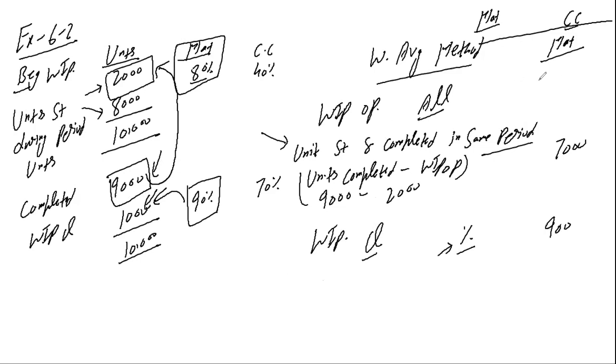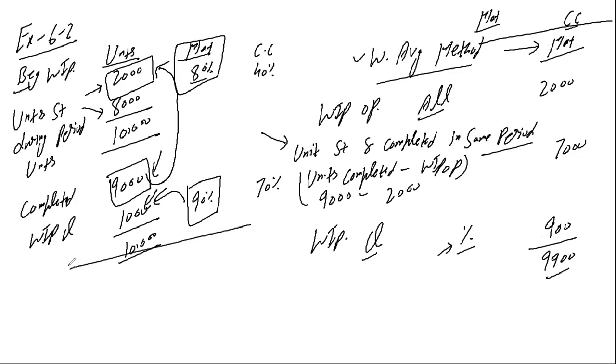All means no need to apply any kind of percentage when you are using the weighted average method. All right, students. So like that, you will have the answer: 9,900. So this is the method we use, weighted average method, and by using this method, we calculated the equivalent units of production for materials.